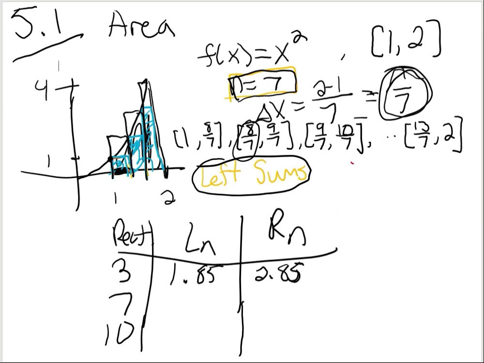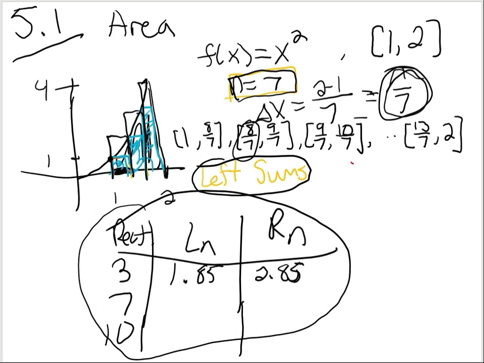Now, where we're heading is, look, this looks sort of similar to what we did back in chapter 2. We have a table. And then we also know that Ln is less than A is less than Rn in this problem, right? One's overestimating and one's underestimating.